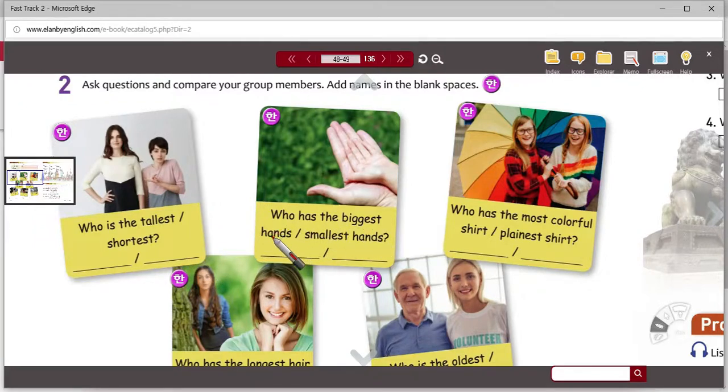Who has the biggest hands? Bunny has the biggest hands. Who has the smallest hands? Ed has the smallest hands. Who has the most colorful shirt? Insu has the most colorful shirt. Who has the plainest shirt? Dave has the plainest shirt.